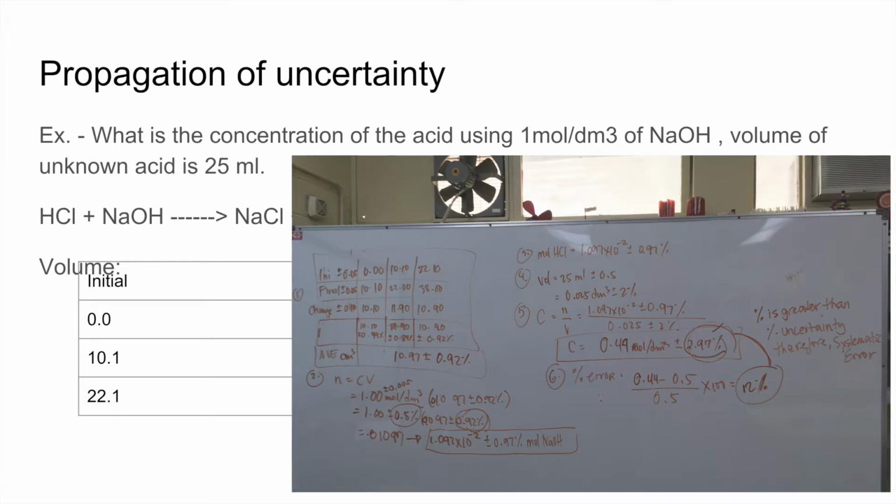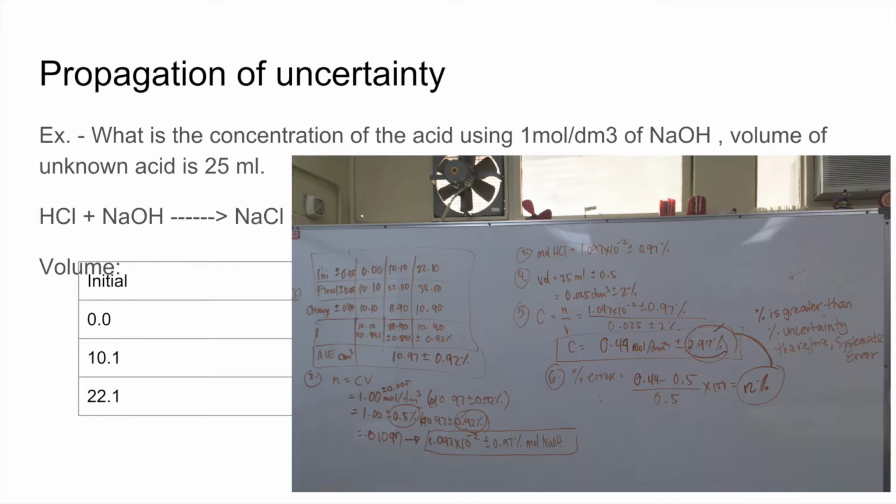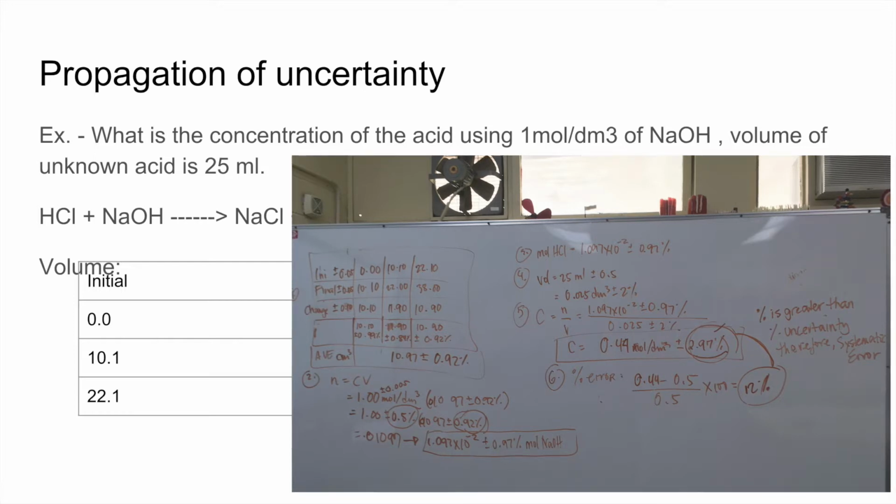What's our least sig fig? 3. So 0.44 mole per dm cubed, plus minus, add this to this, 2.97%. So your concentration of your acid with the error propagated is plus minus 2.97%.